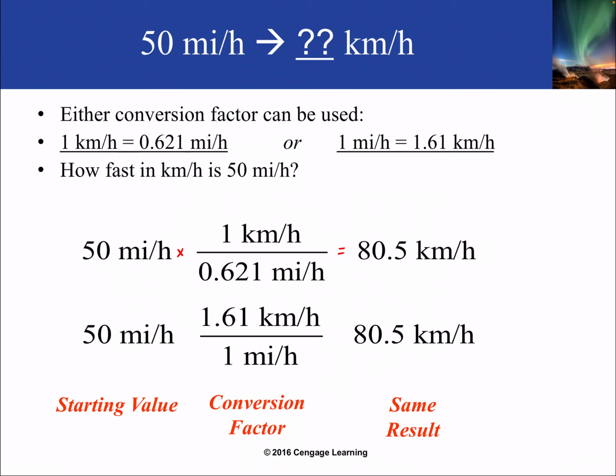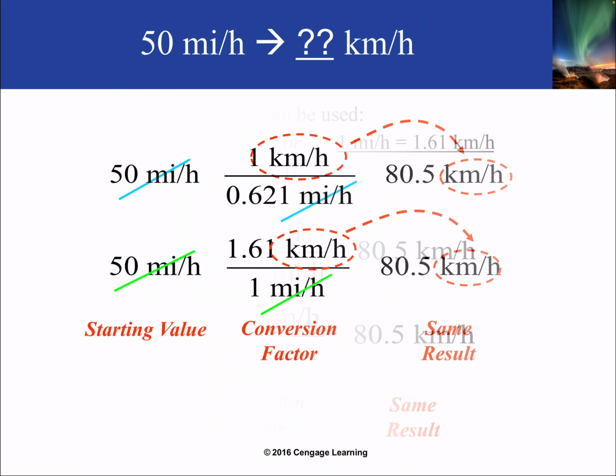On the bottom example, we're using a different conversion factor, but notice my miles per hour is still going to cancel, and we get the same answer. So you can see in this slide where it walks you through each one, and you can see how the units are both the same. The magnitude is going to also be the same.